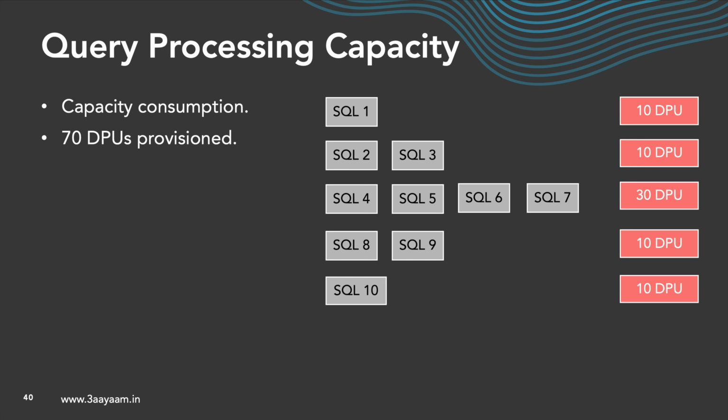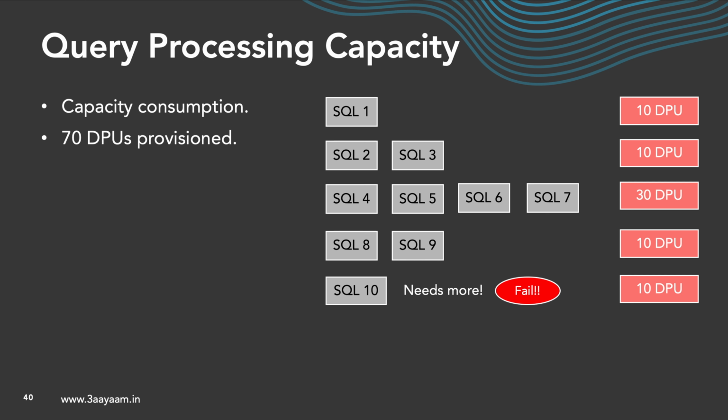SQL10 takes 10 DPUs. But during the execution, it so happens that this particular SQL, SQL number 10, needs more DPUs. So what would happen in that case? This particular SQL would fail because no more DPUs or processing capacity is available.